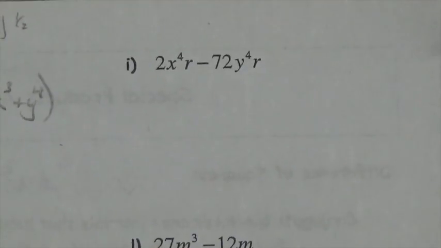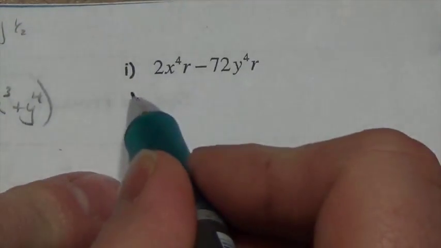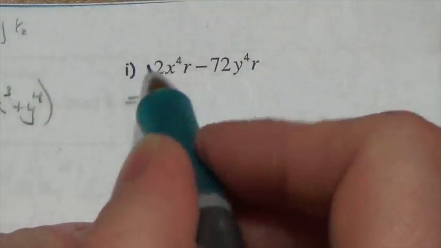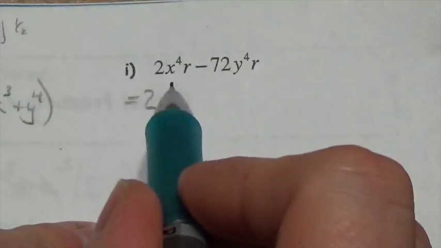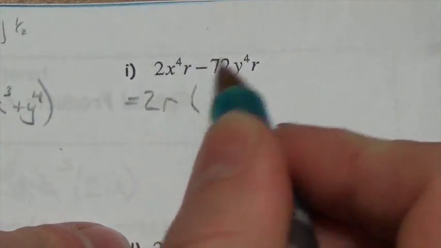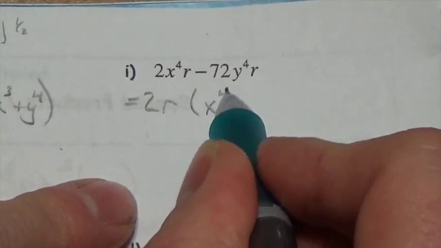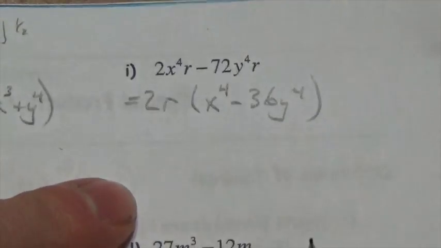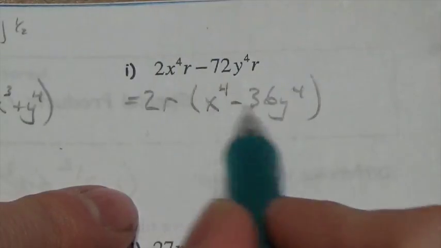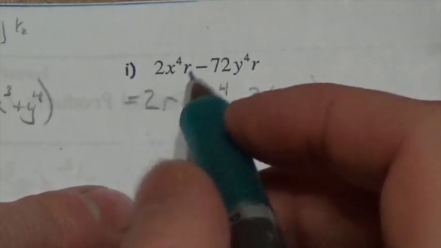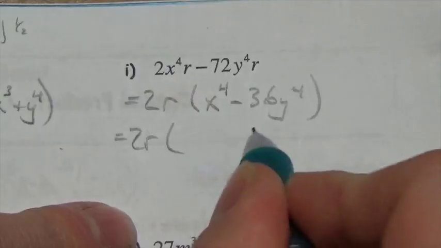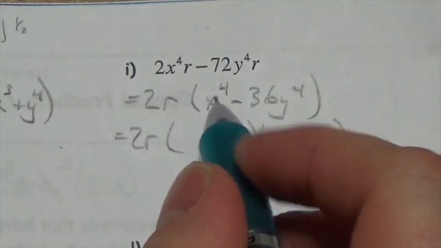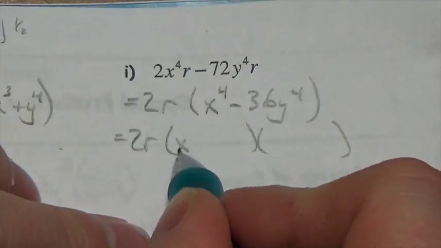Okay, let's take a look at this one. Before we do anything here, it looks like we've got a little bit that's common. There's a common factor of 2 between these two terms. Then there's an r that's common to both. And when we take that out, we're going to be left with x to the 4th minus 36y to the 4th. Now again, we recognize that this is a difference of squares, so we can break this down into two binomials. Remember that the square root of x to the 4th, as we looked at before, is going to be x squared.